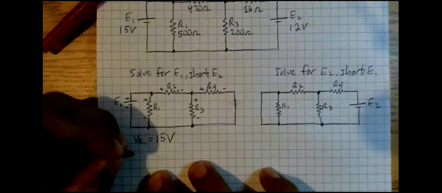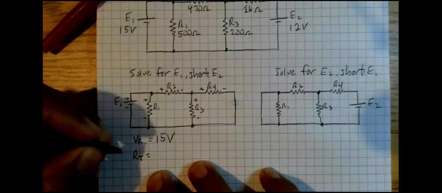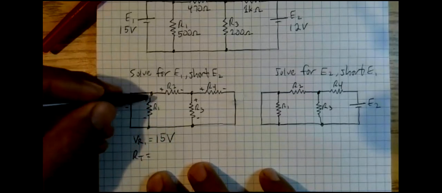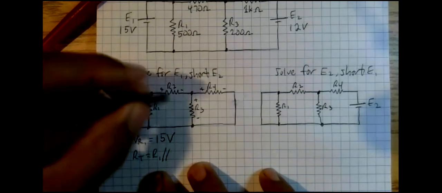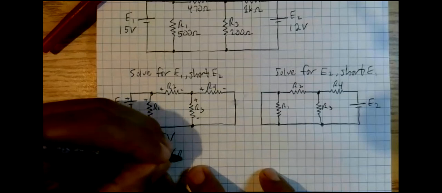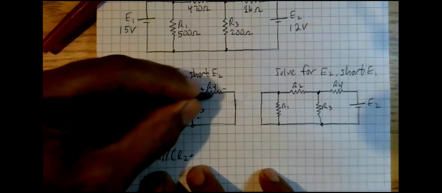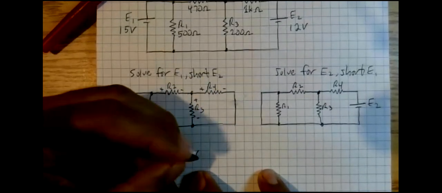RT is going to be, we have R1 in parallel with all of this, and that is R2 plus R3 and R4 in parallel when you short out E2.